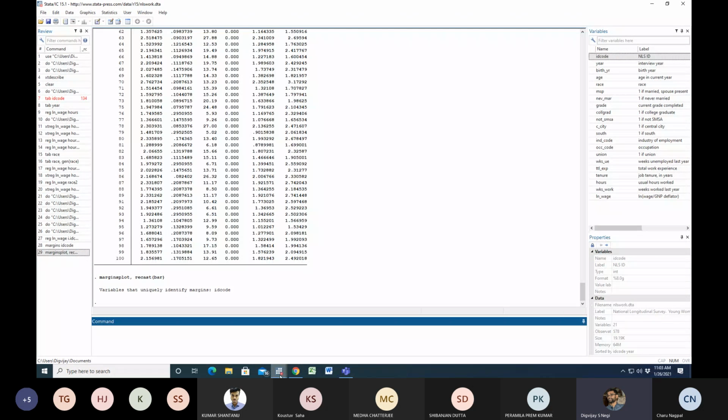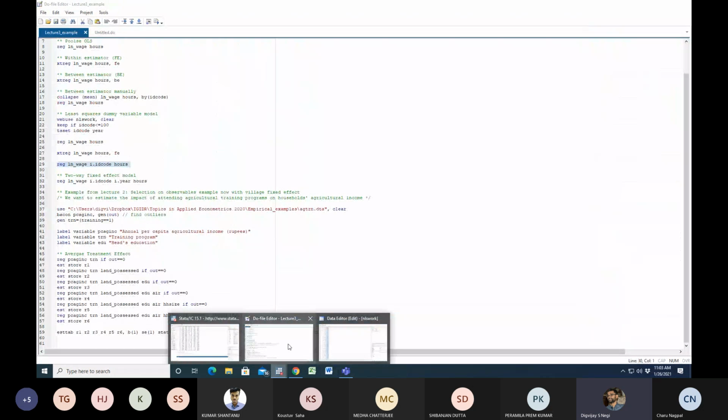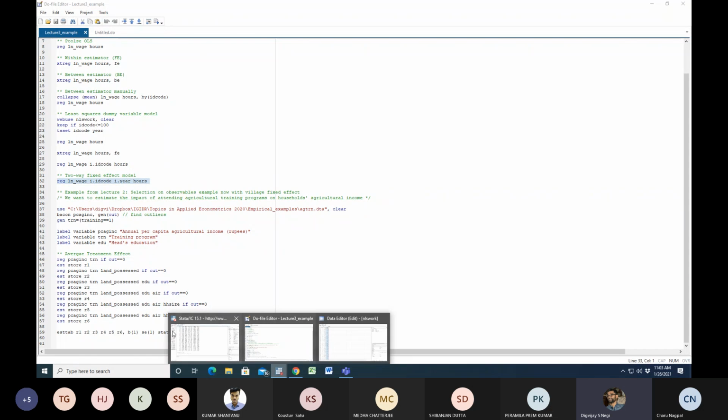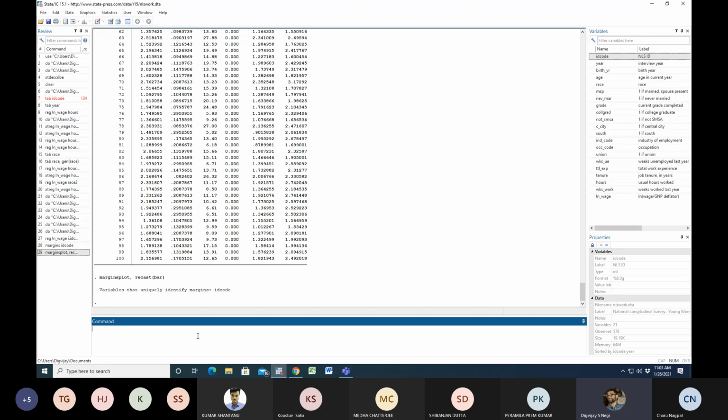It's 11 o'clock now. I wanted to also show you a two-way fixed effects model. Similarly, like we did for individuals, you can have dummy variables for year too.